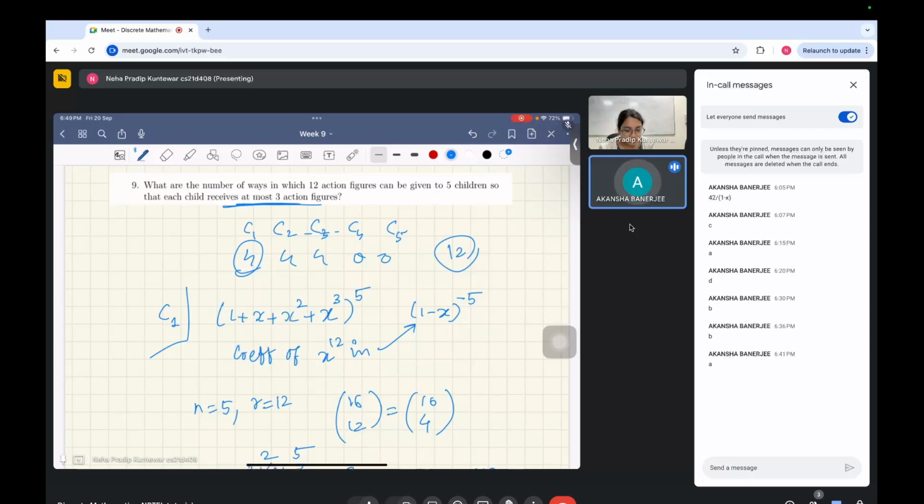So that violates the constraint of at most 3. Can we write this as 1 by 1 minus x if we assume the whole series to be infinite? But if we write plus x to the 4, x to the 5, then one child getting 4 action figures will also be counted. Right, I agree.